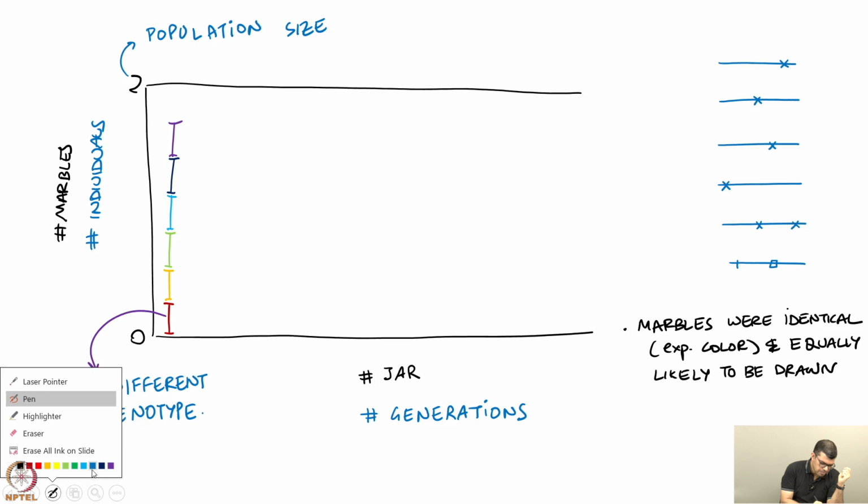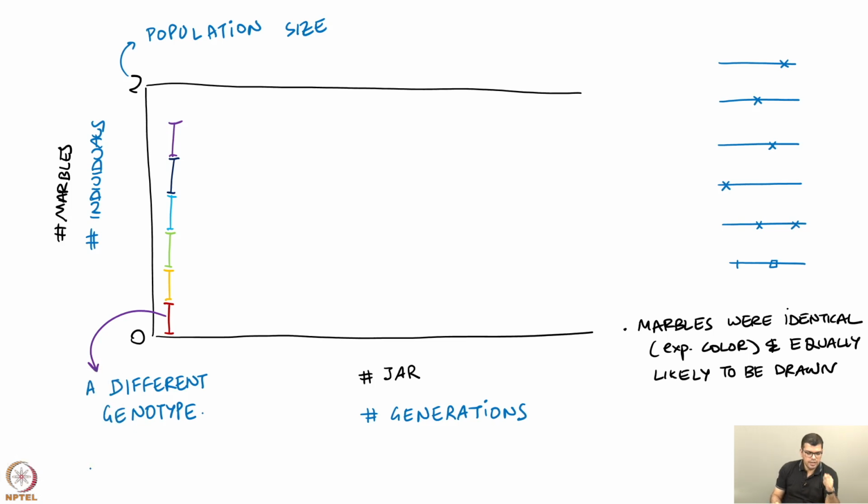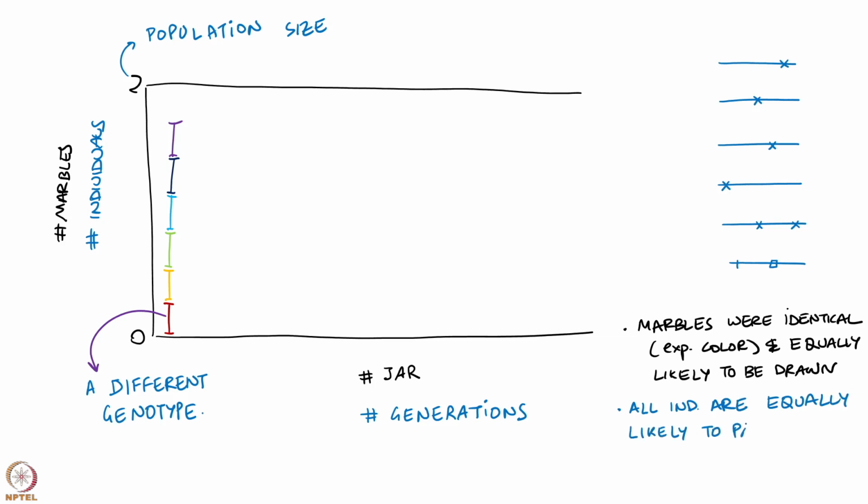And since the probability with which I am drawing an individual is random, and no individual has a greater chance of being drawn from this population, we say all individuals are equally likely to produce an offspring in the next generation.